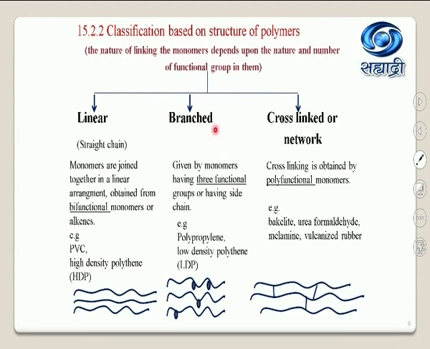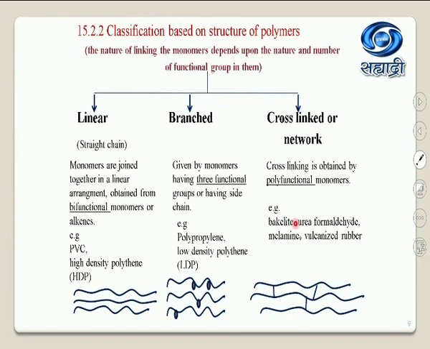Now branched polymers, these are given by monomers having 3 functional groups or having side chains. Best examples are polypropylene and low density polythene, also known as LDPE. Now cross-linked or network polymer means cross-linking is obtained by polyfunctional monomers.